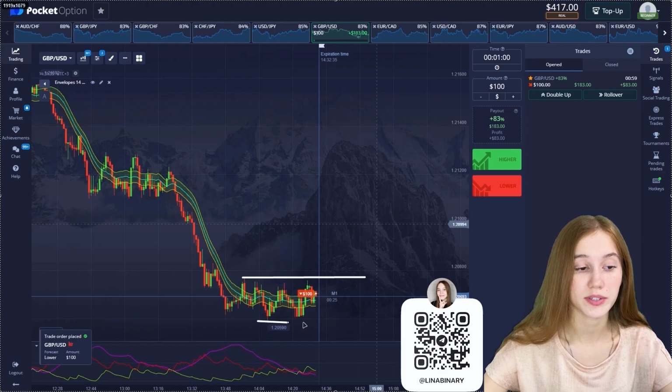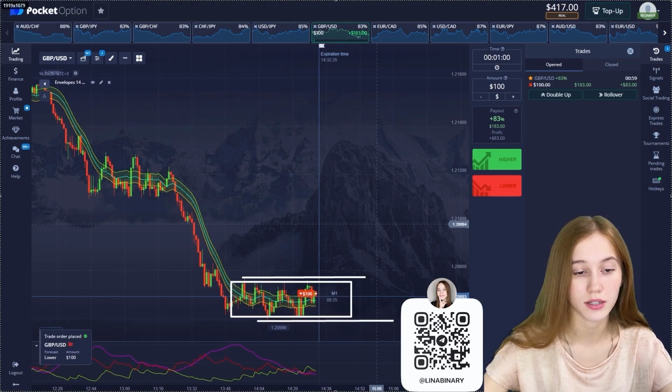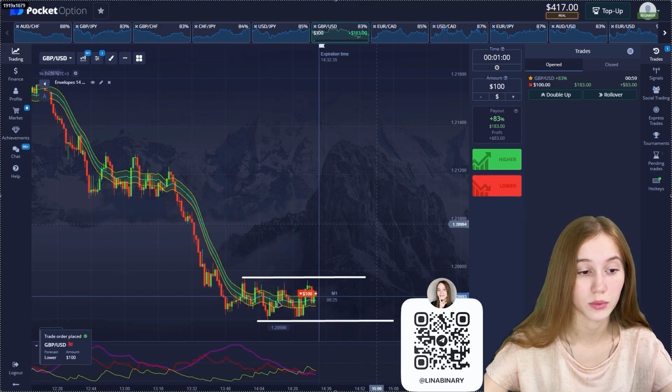Some consolidation we see. According to ADX, the purple line shows that the intensity is growing. And so that's okay.